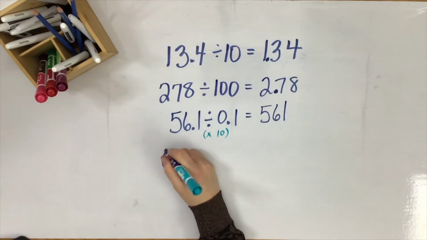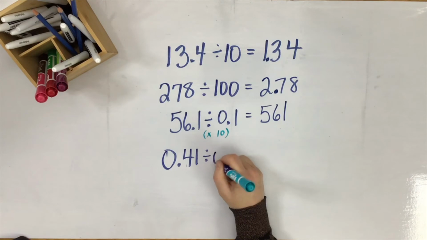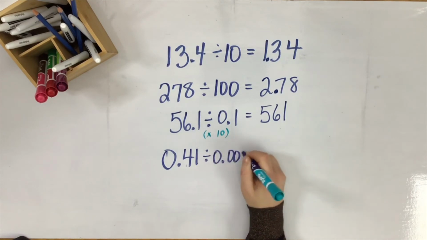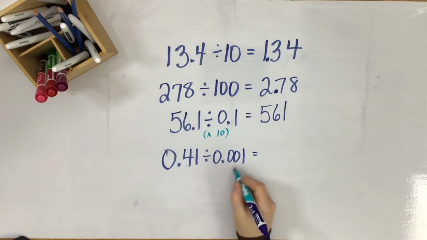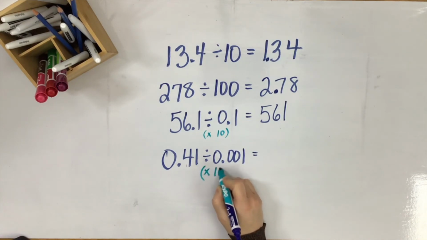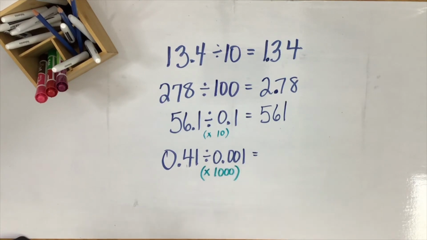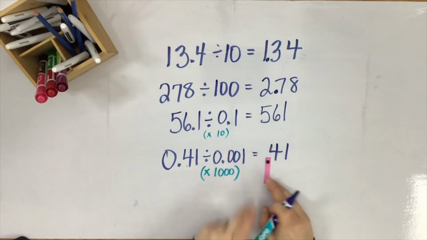Let's try 40/100ths, and let's divide that by 1,000th. And remember, you can write this down if it helps. Dividing by 1,000th is the same thing as multiplying by 1,000. It has the same effect. So let's look at the digits we started with. We had 41/100ths to start with, so the decimal starts there.